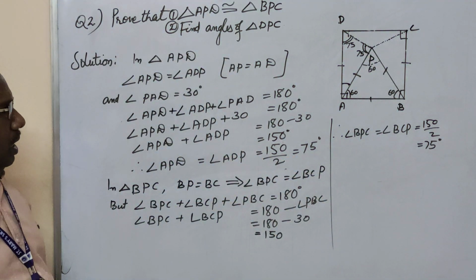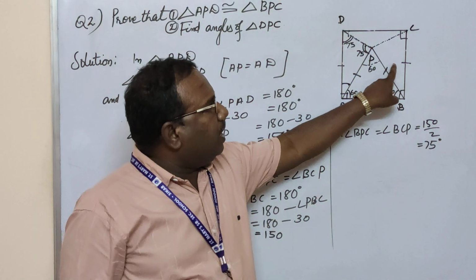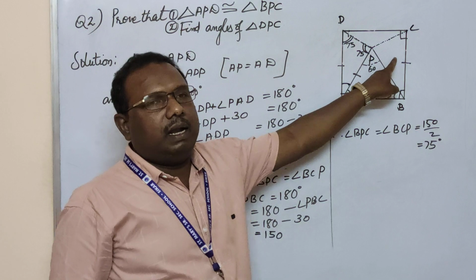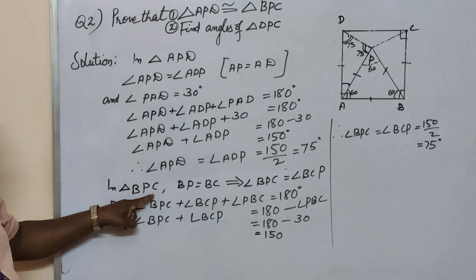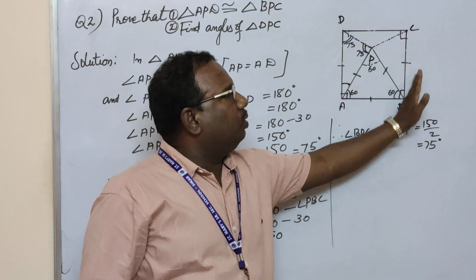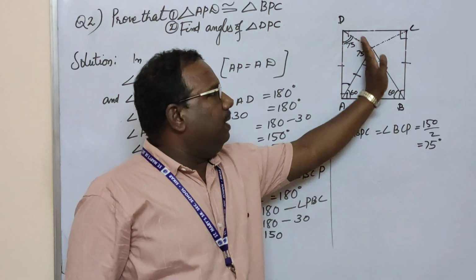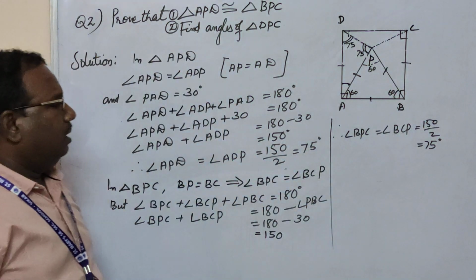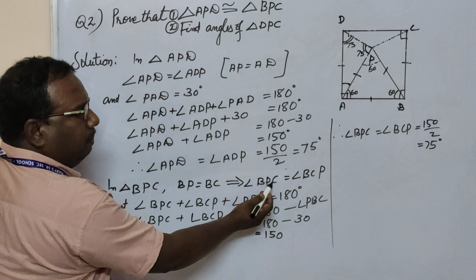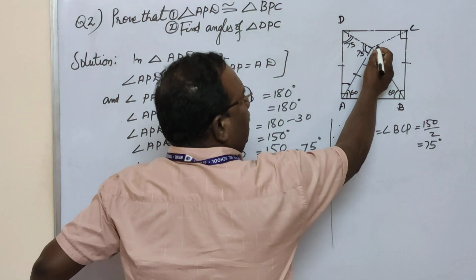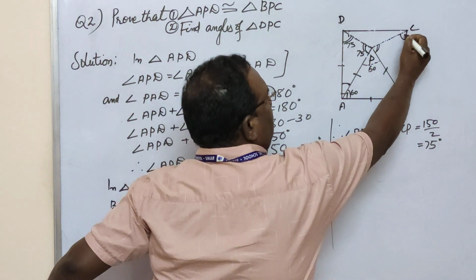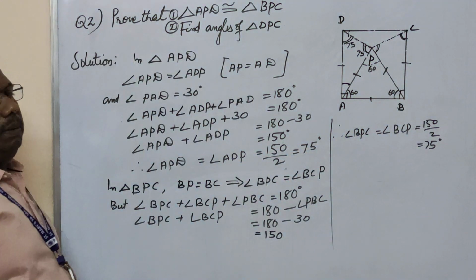Now similarly we can find angle BPC and BCP from triangle BPC. BP side is equal to BC side, which implies angle BPC is equal to angle BCP.